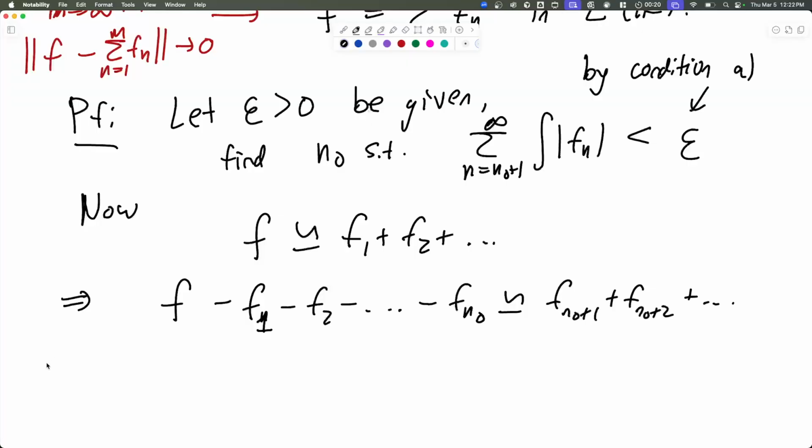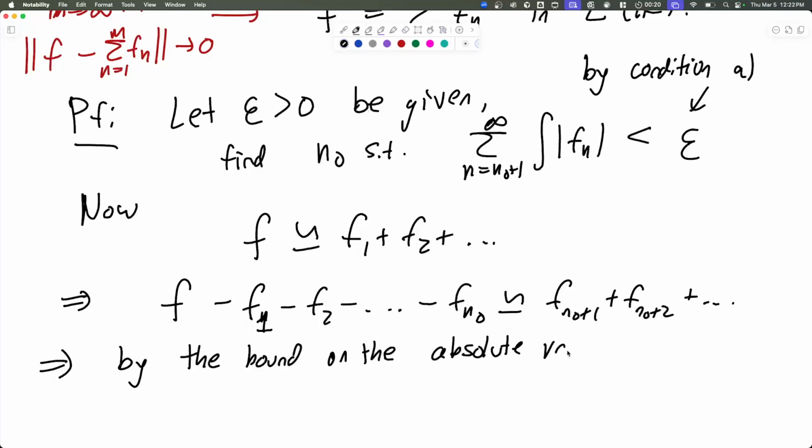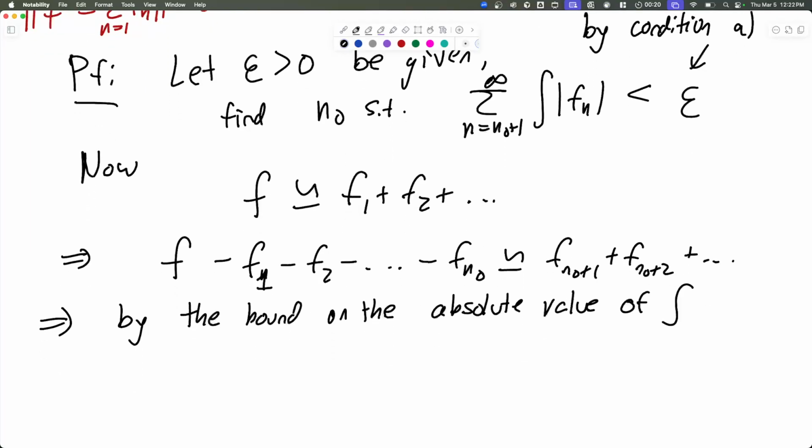And therefore, this was a theorem we had. Therefore, by the bound on the absolute value of the integral, I cannot give you the theorem number because I didn't write it down. So this was something we did.